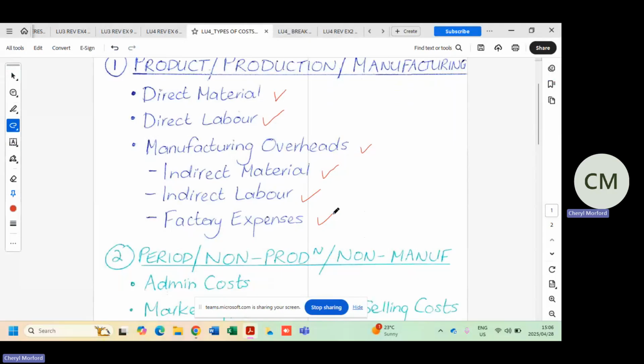So if it is the depreciation of the machines that are in the factory producing the product, then that's an example of a manufacturing overhead because it's a factory expense. If it is depreciation of other things, for example, office equipment, photocopiers, scanners, those kinds of things, or if it is depreciation of a delivery vehicle, that will not be considered a manufacturing overhead.